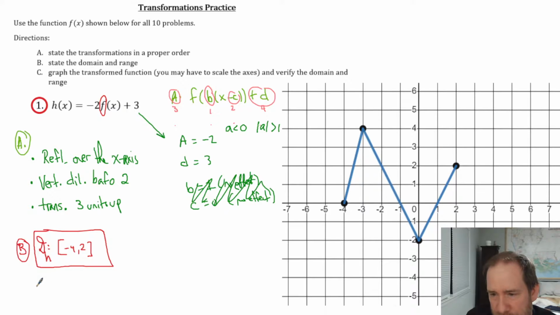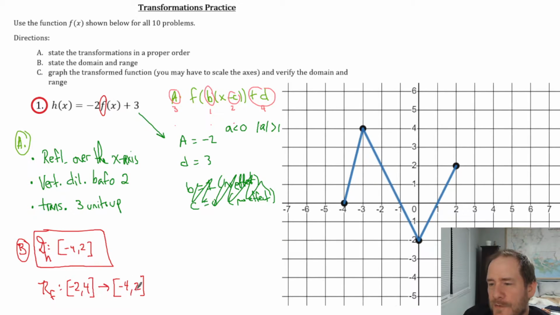All right, now to come up with the range will be harder, because the range of function f is -2 up to 4. But now we have all these transformations, but you know what? Just apply them one at a time and it's no big deal. We're going to get reflected over the x-axis, so the 4 that's a max becomes a -4 that's a min. The -2 that's a min becomes a +2 that's a max. In my head I was thinking of these as x values, but I don't think I said anything wrong.